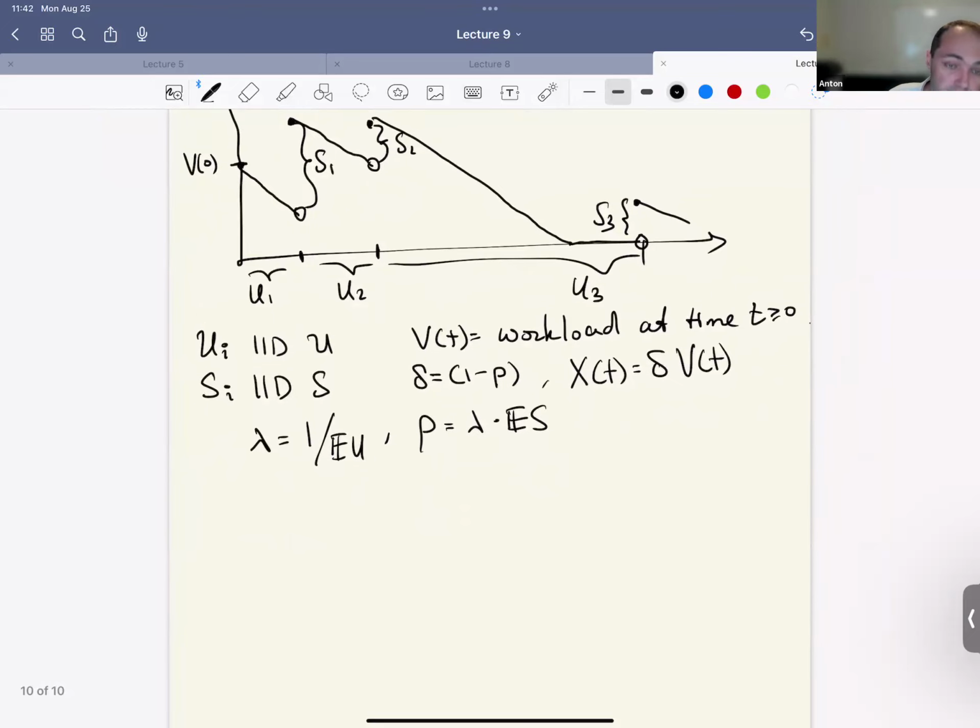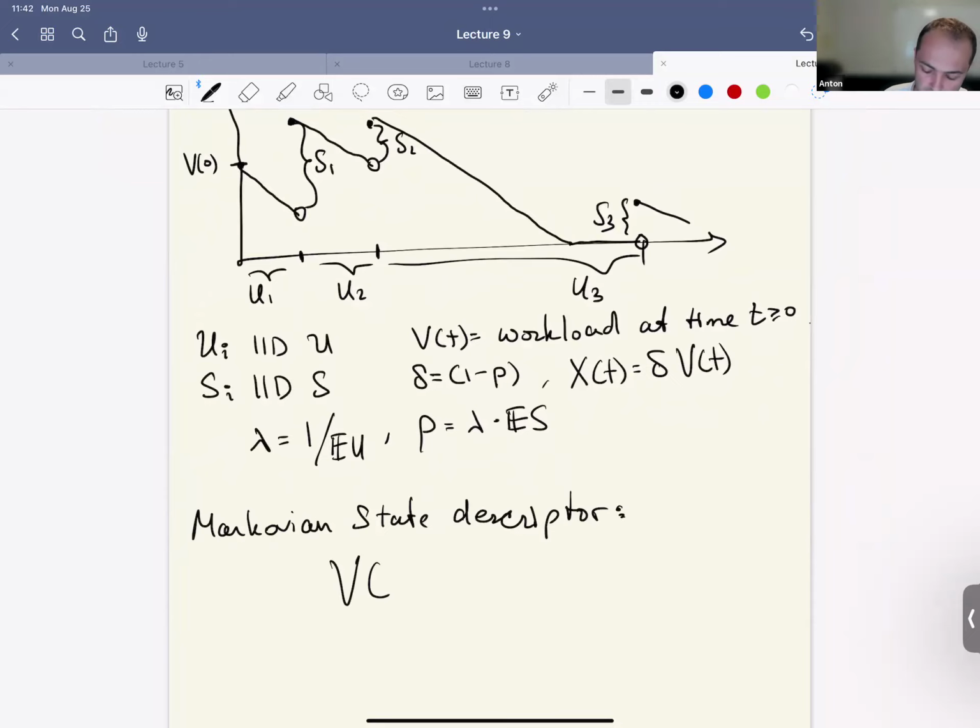And first things first, I want to talk about what is the state descriptor. So I would like a Markovian state descriptor. If I look at the workload, so maybe let me write X. Everyone agrees, I hope, that X of t and V of t contain the same information. One is just a rescaling of the other.